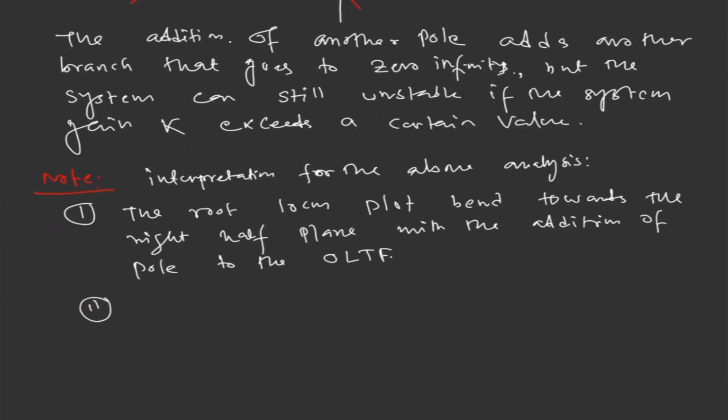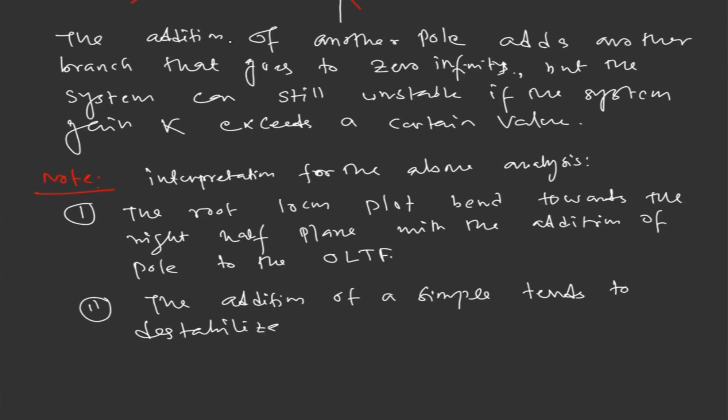Hence, the addition of a simple pole tends to destabilize the closed loop control system.